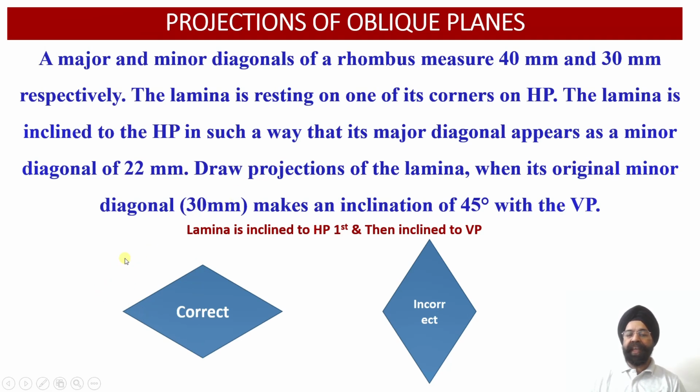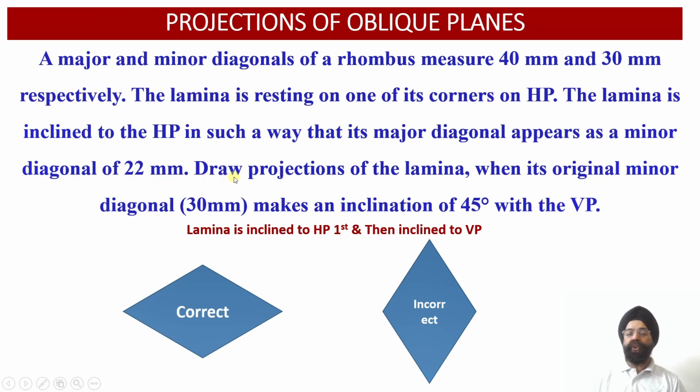Whereas because of the inclination of this lamina with respect to the horizontal plane, we are going to witness the foreshortening of the major diagonal, and after the inclination of this lamina with respect to HP, this major diagonal gets reduced to a minor diagonal measuring 22 millimeter. So this orientation is found to be the appropriate orientation of the lamina which is going to rest onto the ground to begin with.